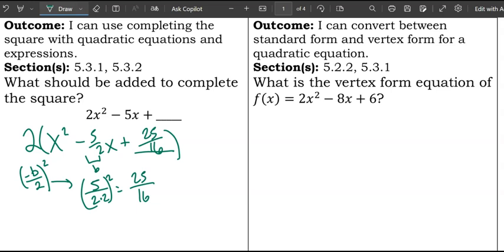Finally, we'll multiply that 2 back in to each of those terms. It says 2x squared minus 5x, and then the 2 and the 16 would become a 1 over 8. So what we want to add to this blank to complete the square would be 25 over 8.